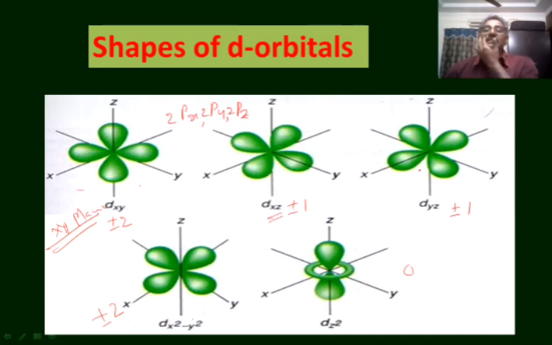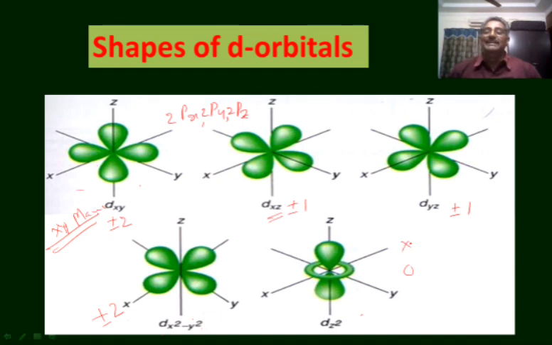If the lobes are oriented in between the axes, those orbitals are xy, yz and zx orbitals. If the lobes are oriented along the axis, that orbital is the x square minus y square orbital or the z square orbital. The dx square minus y square orbital is double dumbbell in shape, whereas the dz square orbital is dumbbell in shape, but around this dumbbell, which is extended in the direction of the z-axis, there exists an electron cloud in the form of a ring in the xy plane.